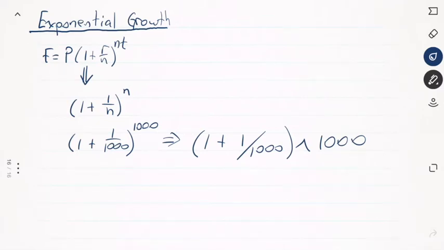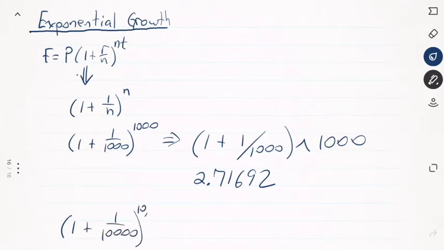My writing calculator does not like large exponents, so I have to do this by the handheld calculator. So this turns out to be 2.71692.